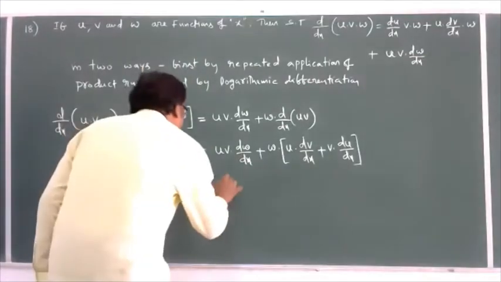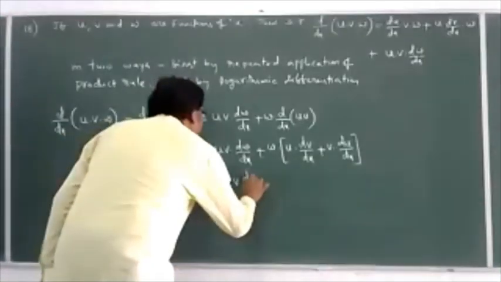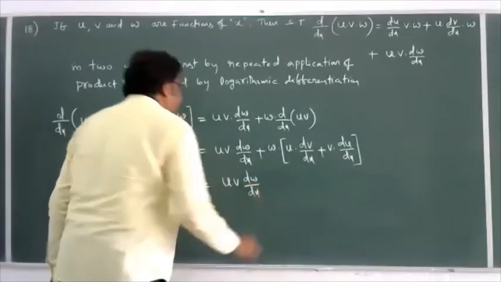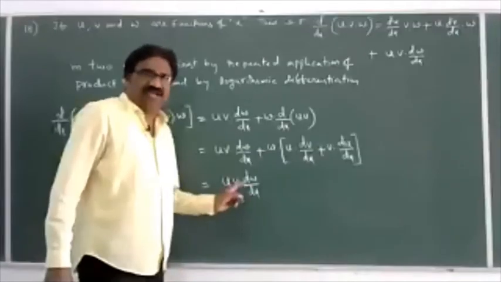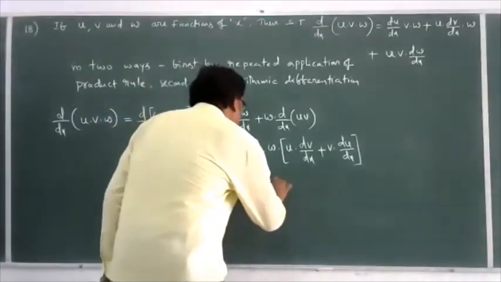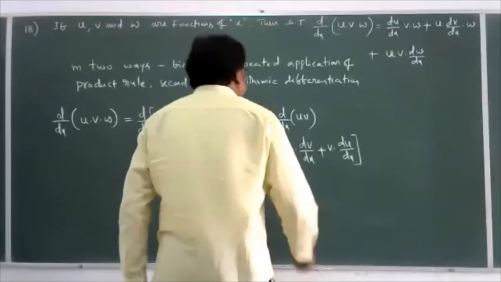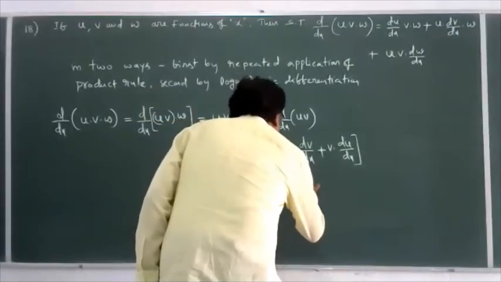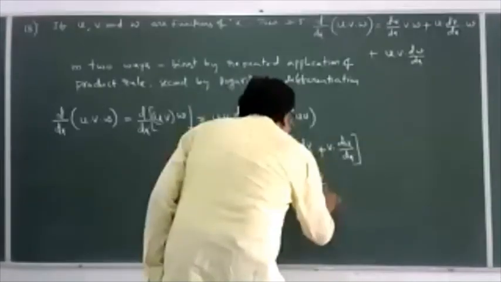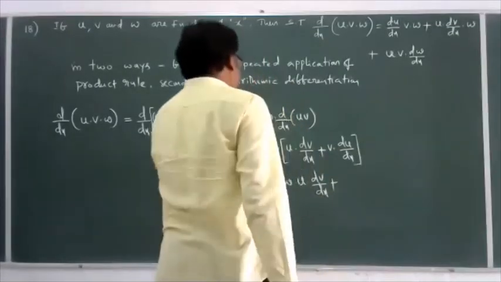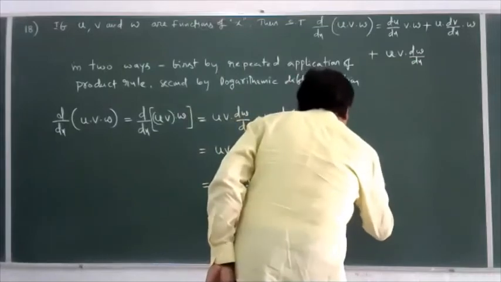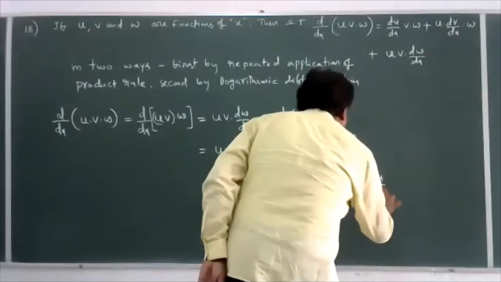So here you get u into v into dw by dx plus, multiplying w in the bracket, w into u into dv by dx plus w into v into du by dx.